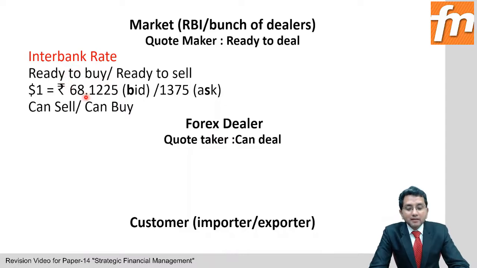If the market is ready to buy at 68.1225, the Forex dealer can sell at this rate because the market is ready to buy. That's why you can sell. And if the market is ready to sell at 68.1375, that means you can buy.